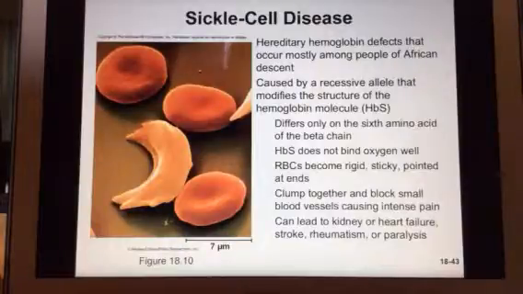This type, which is called HbS instead of HbA, doesn't bind to oxygen well. So those cells are unable to carry oxygen like other red blood cells. And their shape also doesn't allow them to move through vessels and capillaries very well. So they tend to clump, which can be a problem.